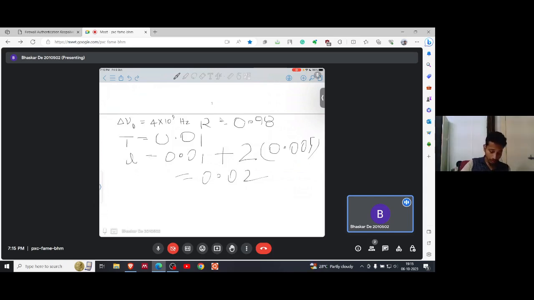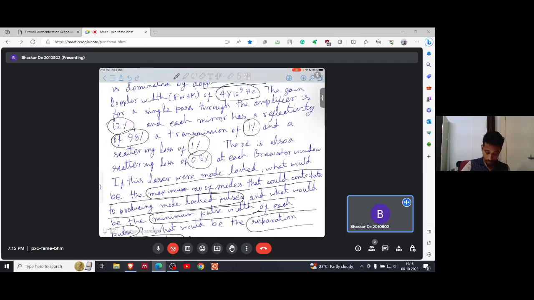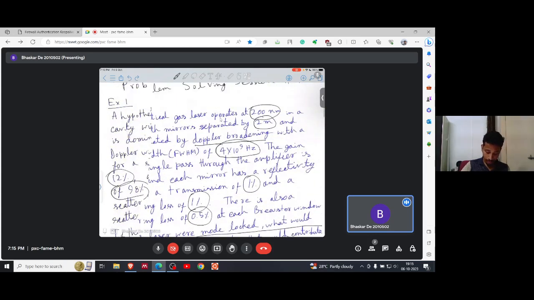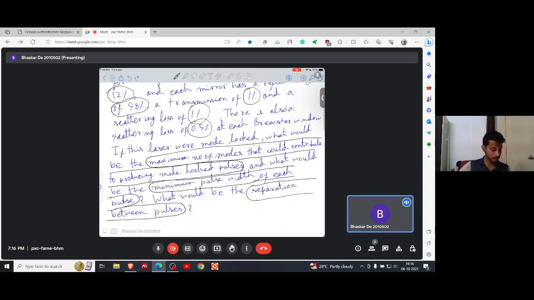So I'll just explain the method here, so that will be beneficial for us. Here these parameters are given, that is the gain for a single pass through the amplifier is 12% and each mirror has a reflectivity of 98%, so there is a 2% loss, a transmission of 1% and a scattering loss of 1%, and then there is also a scattering loss of 0.5% at each Brewster window.